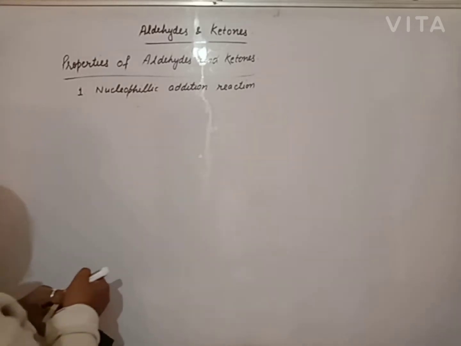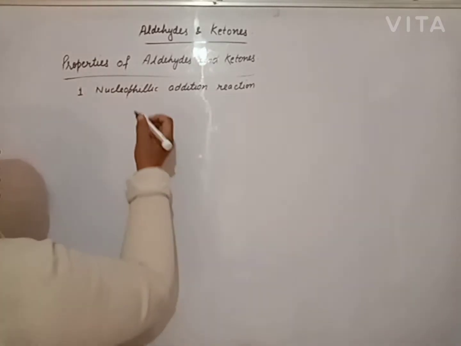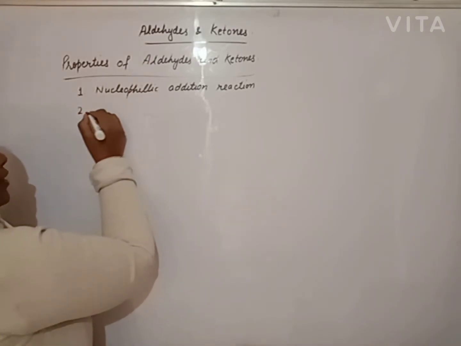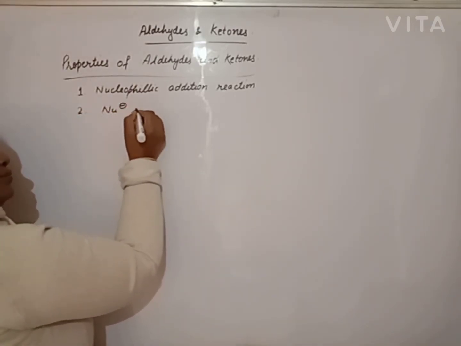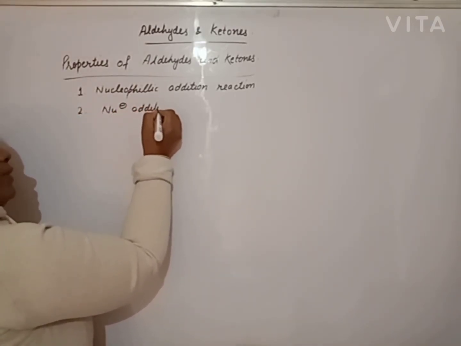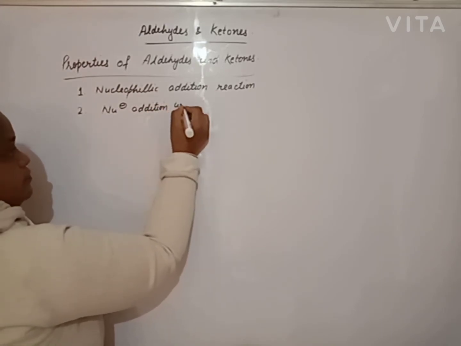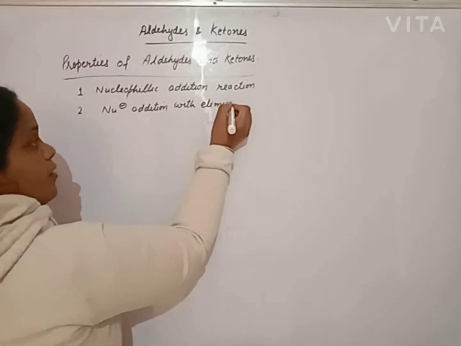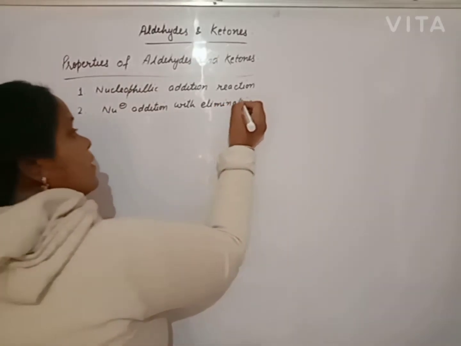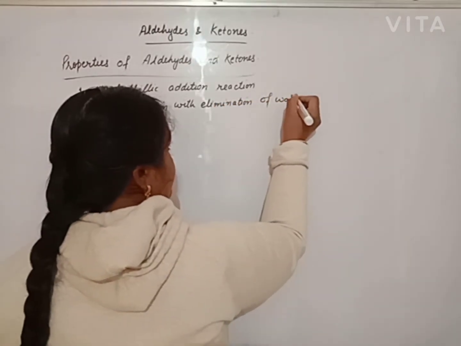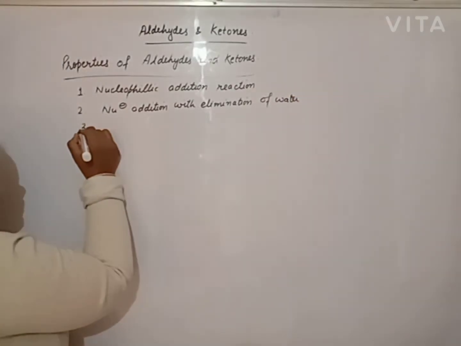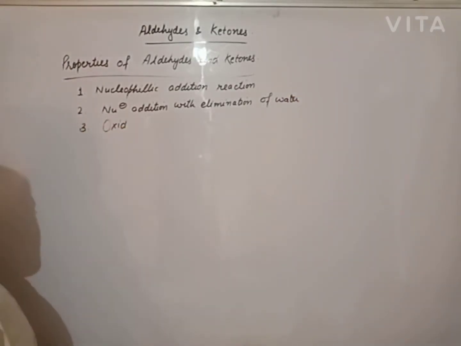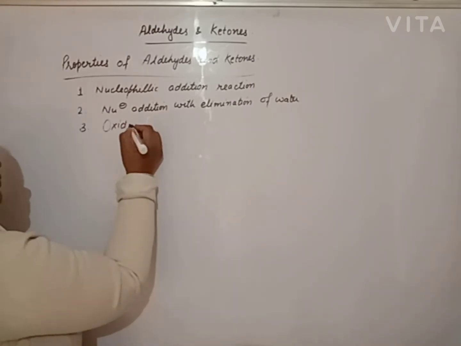Now, properties of aldehyde and ketone. First property, nucleophilic addition reaction. Second, nucleophilic addition with elimination of water. Next, oxidation. Aldehyde and ketone oxidation will give carboxylic acid.